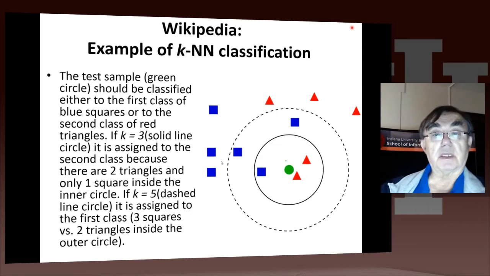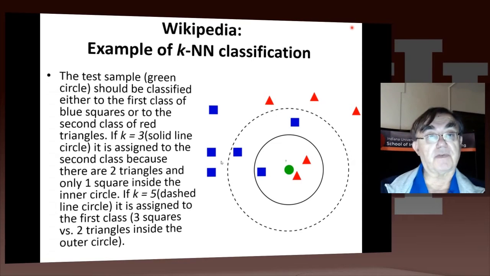Also, here are some little trivial examples taken from Wikipedia of K nearest neighbor classification. We're trying to classify the green circle, and we have 2 categories to find: a blue category of squares and a red category of triangles. This particular example is not very precise.